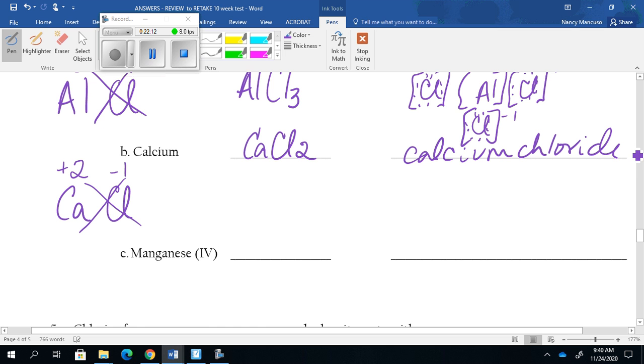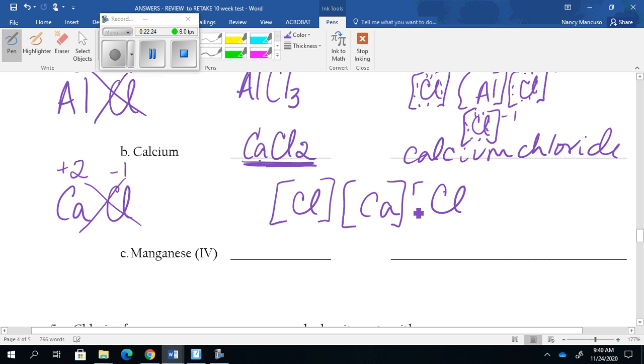Again, it's ionic, so I need ABCD. 1 calcium, I follow this formula. 2 chlorines. Always separate your ions, positive and negative, from each other. Put brackets around each one. Put the charge on everybody. Make sure the charge adds up to 0. Put the dots around the negative ion.